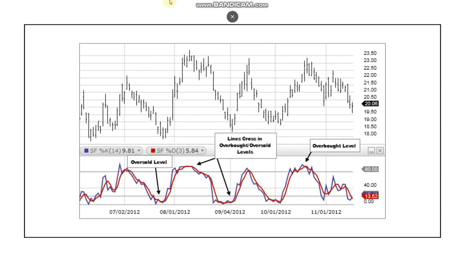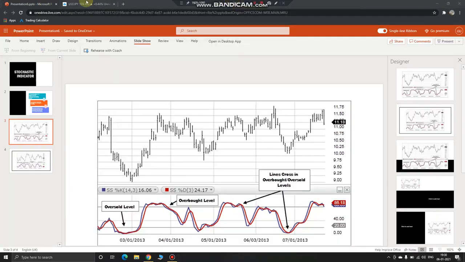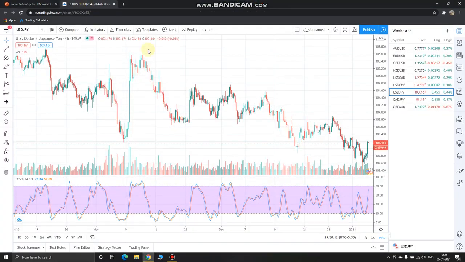Let me show you in live chart also. This is the chart of dollar Japanese yen. This is the stochastic indicator. This is the candlestick chart, and you can see market was in oversold zone, and after it started going up.